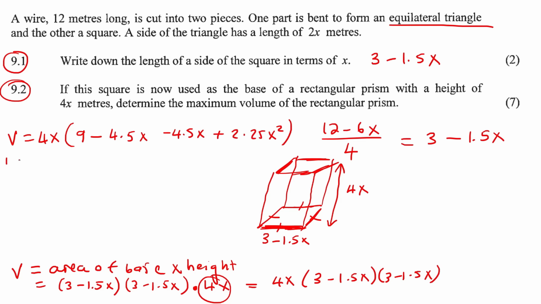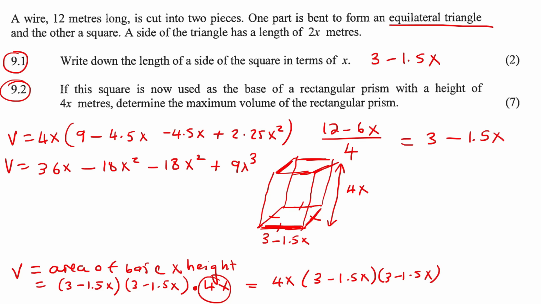The next step, I'm going to multiply the 4x into this bracket, so it's going to become 36x. 4 multiplied by 4.5 is 18x squared, and then another 18x squared, and then 4 multiplied by 2.25 is going to be 9x cubed.